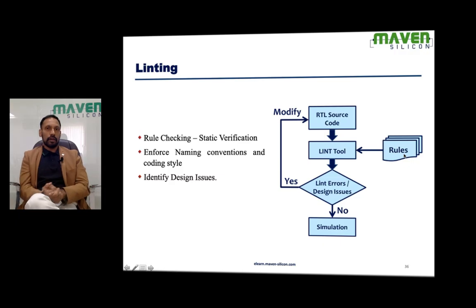Also, this kind of lint checking is required when it comes to dealing with inexperienced designers. Someone is not experienced, but the person is really good at implementing the logic like RTL source code. Then while writing source code, what are the things the designer has to take care of? For example, if the person is planning to use if-else, then how many nested ifs can he have, how many levels can he go up to?